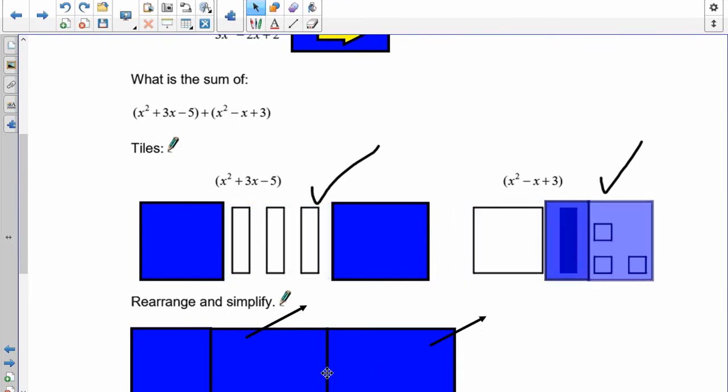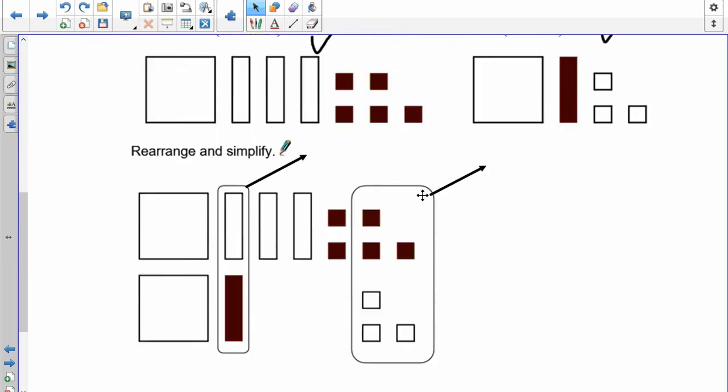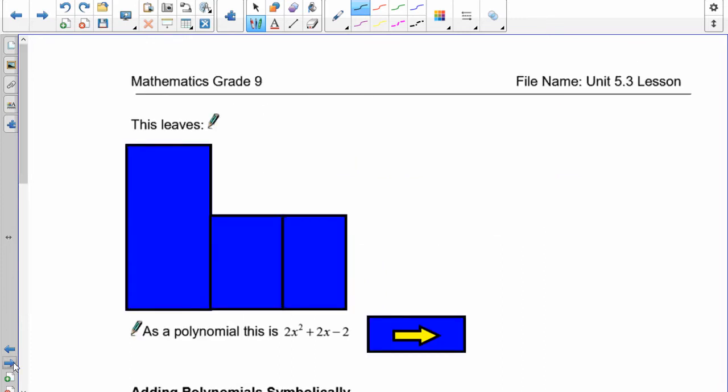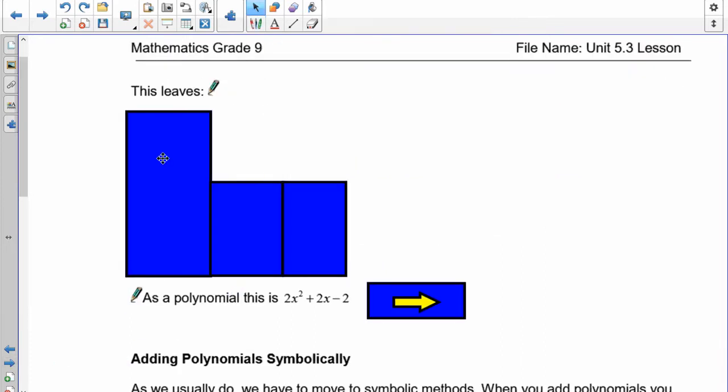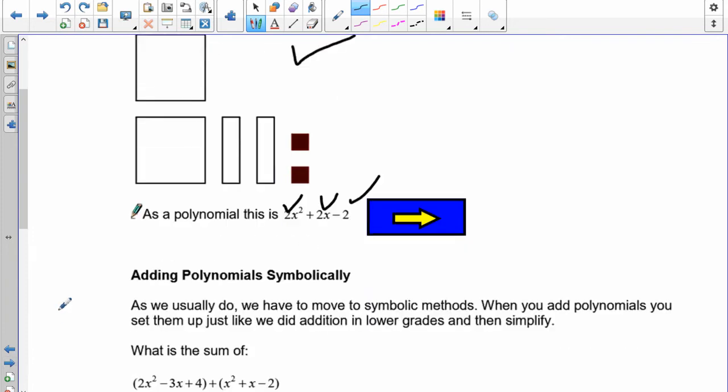Did you zero out everything correctly? So I would be looking for this and this. And of course that's 1, 2, so we got 4 marks so far. Did you redraw it correctly? And then did you get the right answer? 1, 2, 3. So that's how it's going to be marked. All right, moving on to the next one.